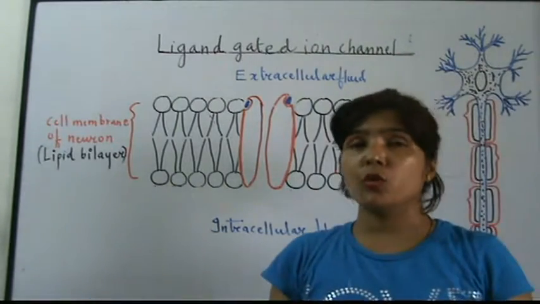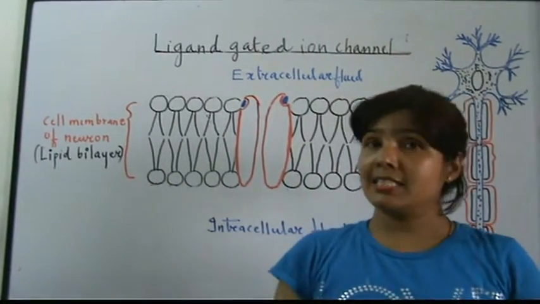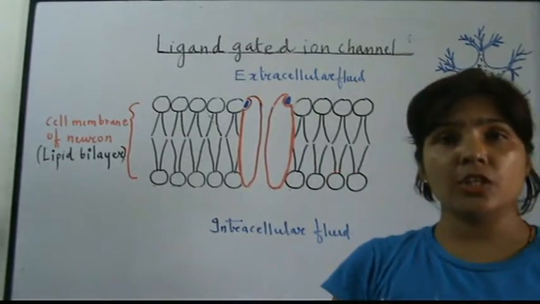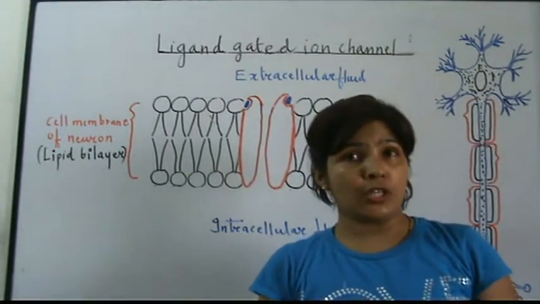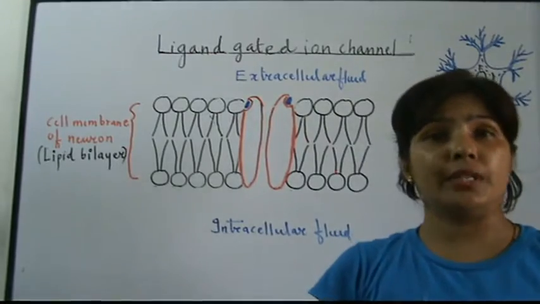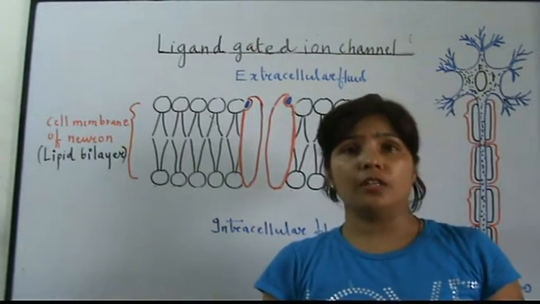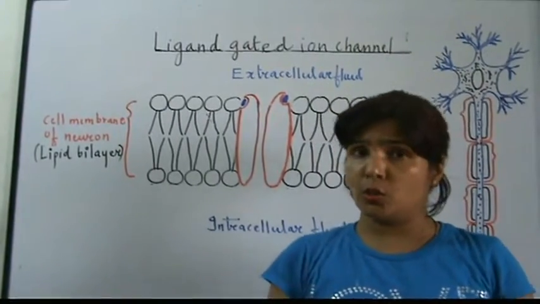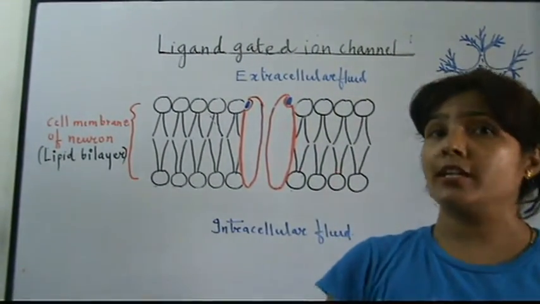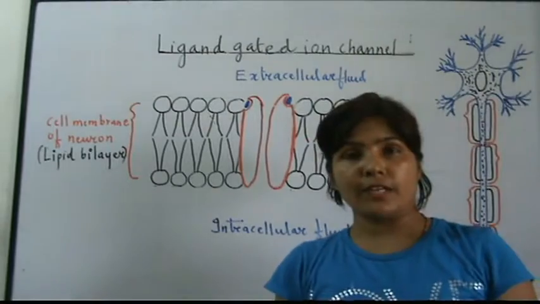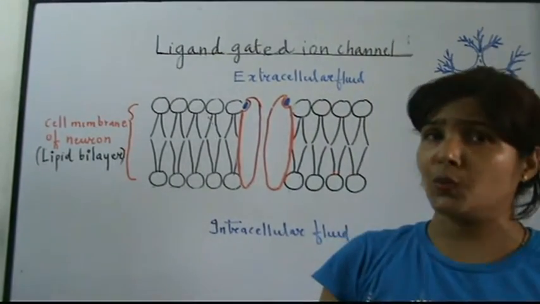The third ion channel was voltage gated ion channel. As the name suggests, this particular ion channel opens when there is a change in the voltage or membrane potential across the membrane of neuron. So once there is a change in the membrane potential across the neuron, the voltage gated ion channels open up and allow the specific ions to flow down the concentration gradient.